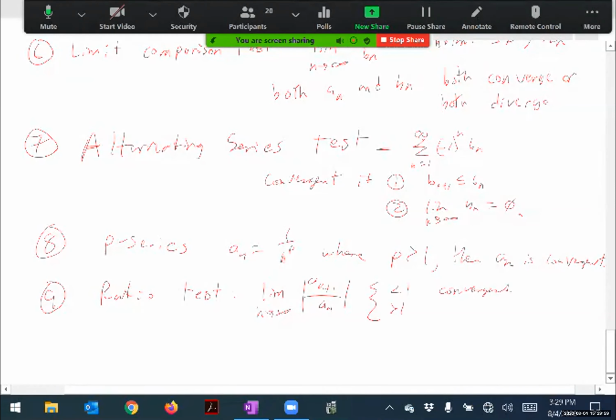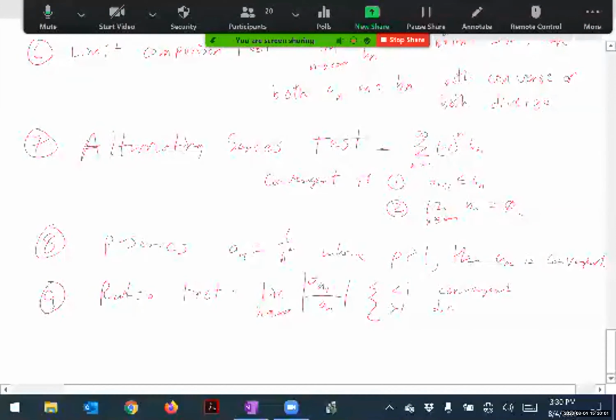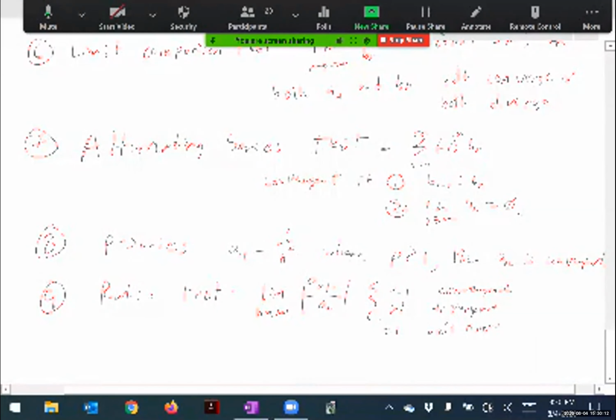If it's greater than 1, it's divergent. And if it's equal to 1, we don't know. Use another test, try something else.